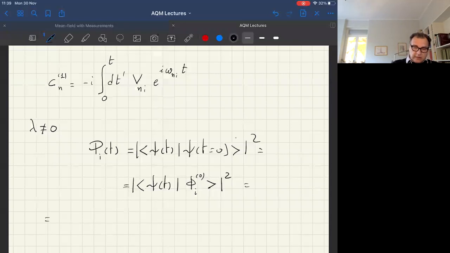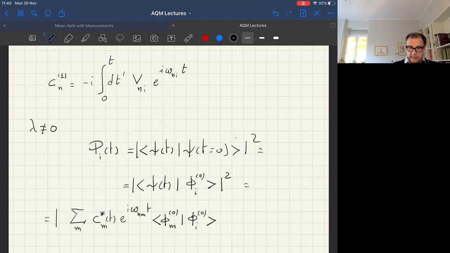So what is psi of t? Psi of t is sum over m of c star m of t e to the I omega n m of t phi 0 of m phi 0 of I. Do you agree?